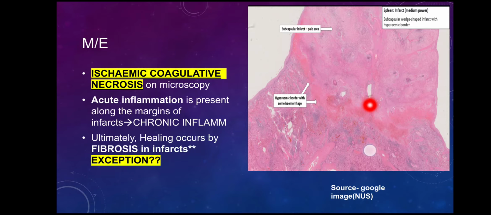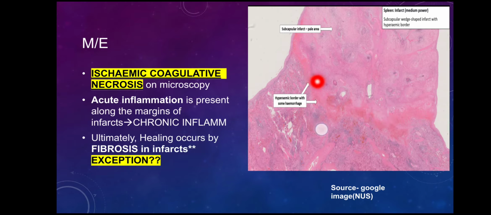So this is the area of infarct, and you can see that it is more pink, and the nuclei are very few here, because since there is necrosis, the nuclei are lost. And here you can see this is the viable tissue, it is more blue because of the presence of nuclei. So in this viable tissue, there will be the white pulp of the spleen, red pulp of the spleen, and here these are just areas of necrosis, and along with that there will be inflammation.